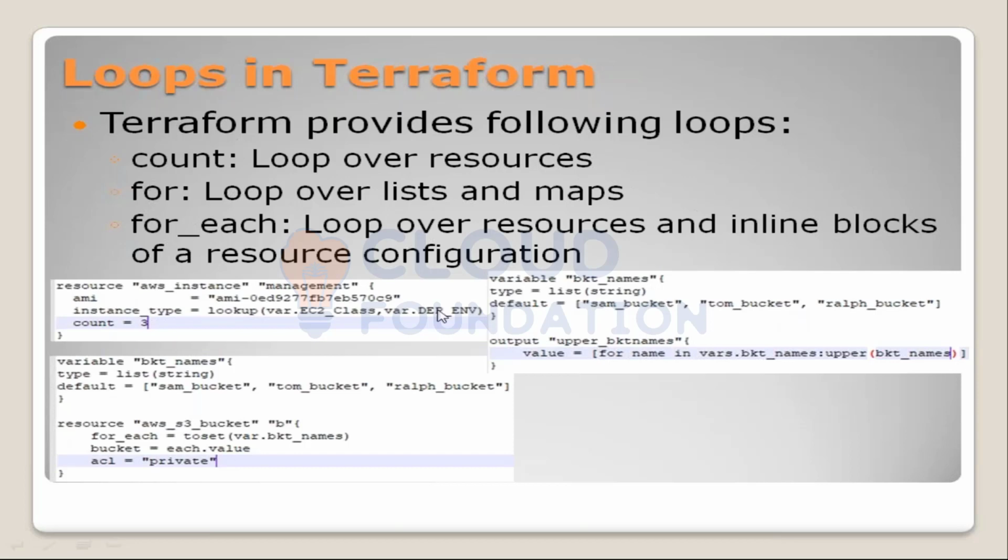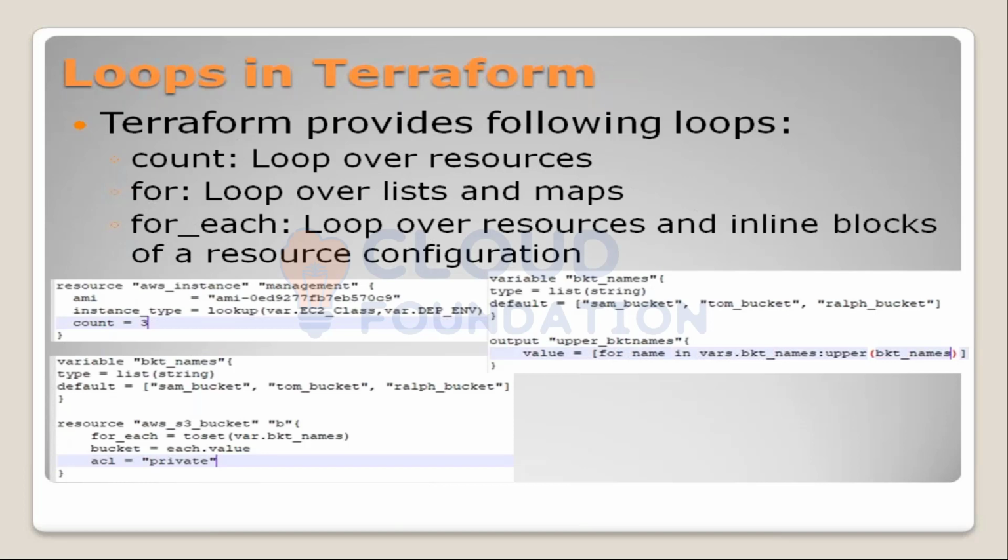Then the next one is for each. For each goes another line further. It can loop over resources or even inline blocks of code. What I mean is, if you use for each inside a resource, that resource can be repeated multiple times.